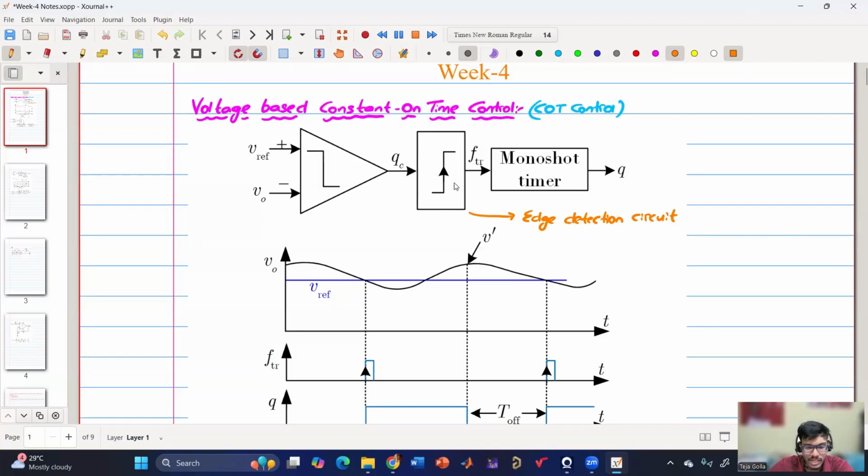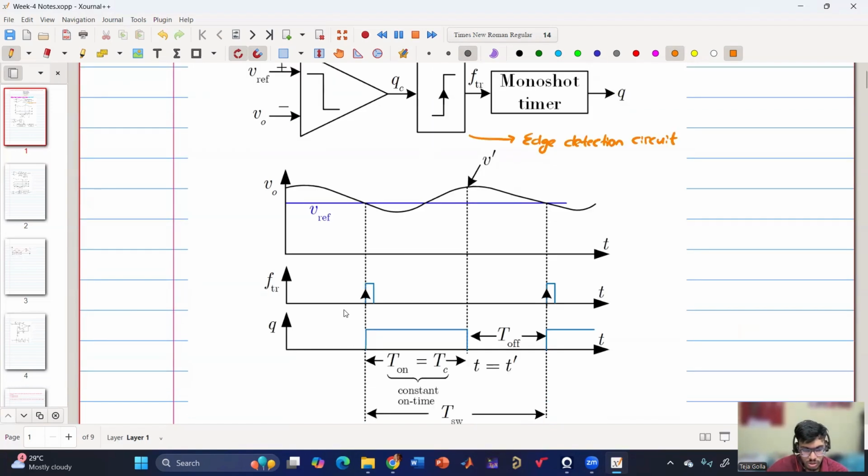So when will we see a rising edge? When V0 goes below Vref or when V0 goes above Vref? When V0 is below Vref, yes. So whenever V0 is going below Vref, there will be a rising edge, as also shown over here.